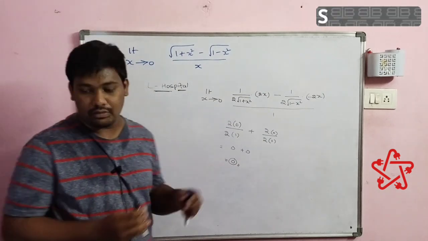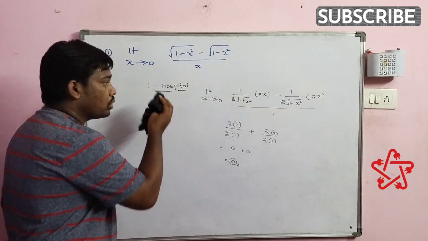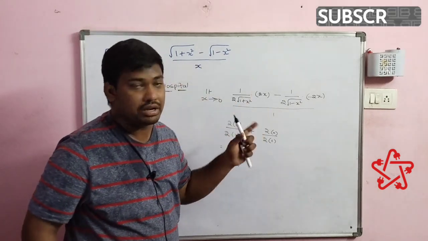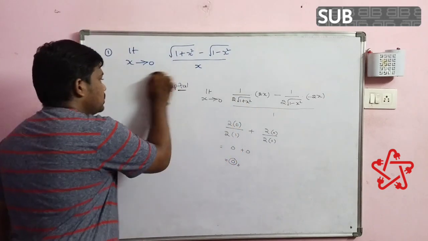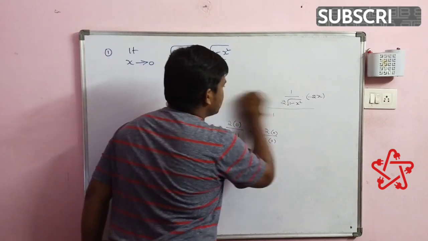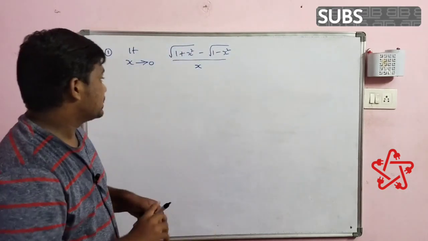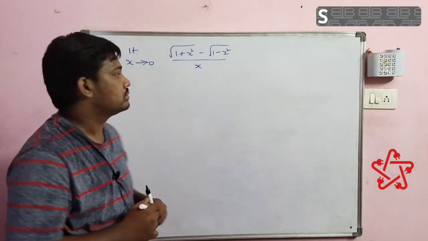This is the way of solving these problems. If you don't know properly how to apply differentiation, I mean if you don't know the concept of L'Hospital, how to use this, then for this kind we will simply rationalize the numerator.